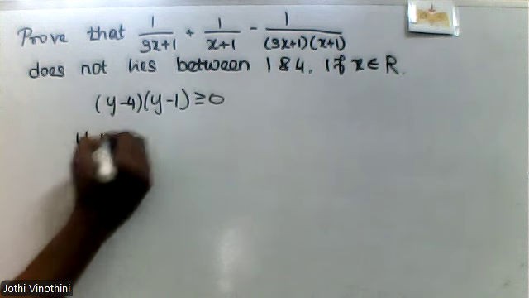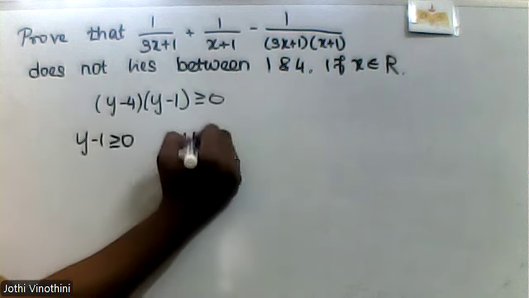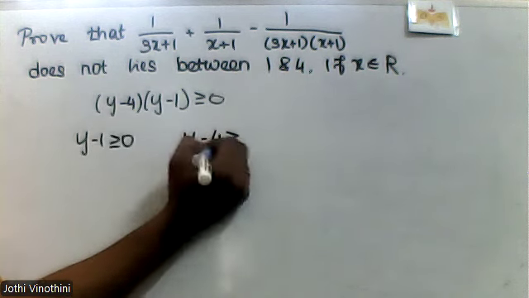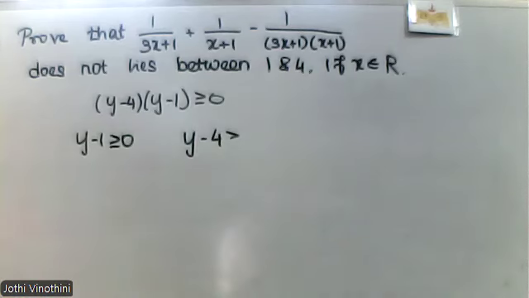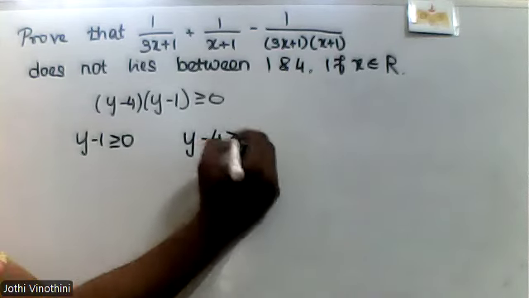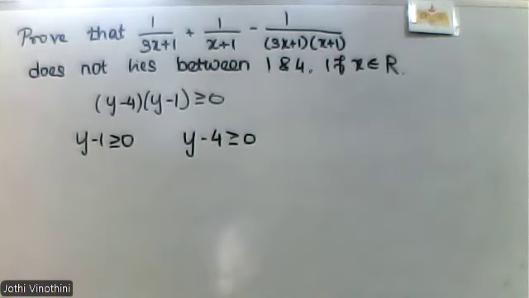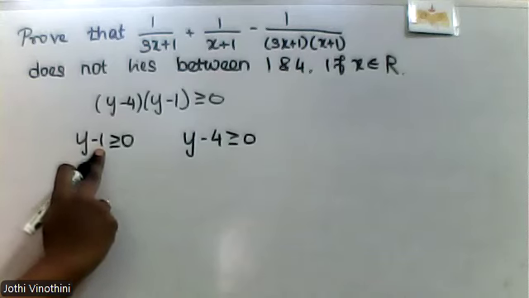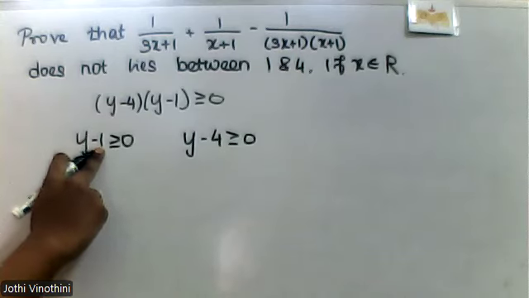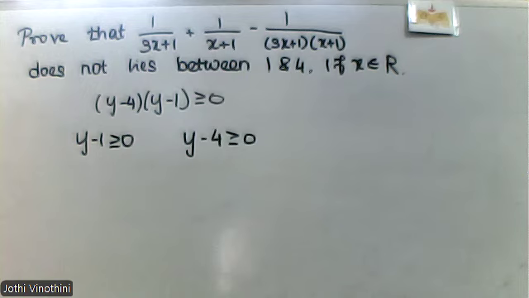So y minus 1 must be greater than or equal to 0 and y minus 4 must be greater than or equal to 0. Okay? Think, are there any other methods to solve this?